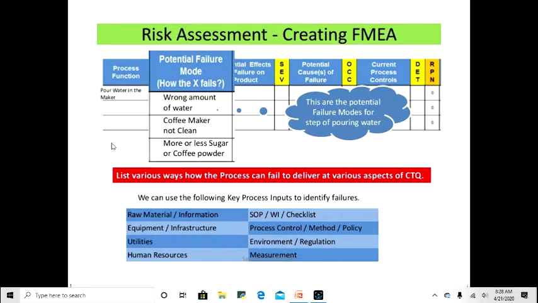And if something is wrong, that is, either the strength is not good, or the temperature is not good, or the taste is not good, this may be the problem.